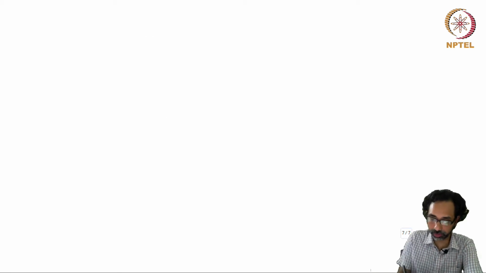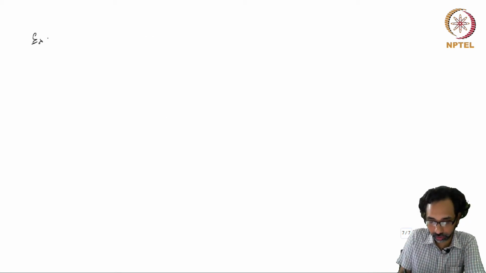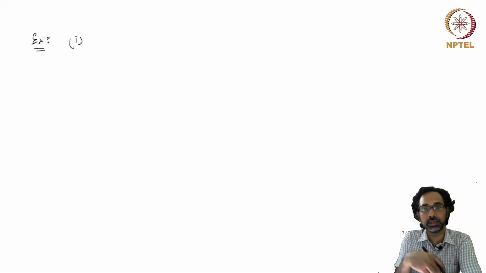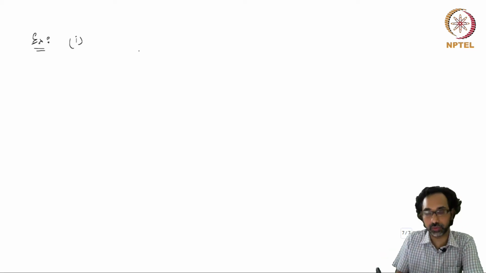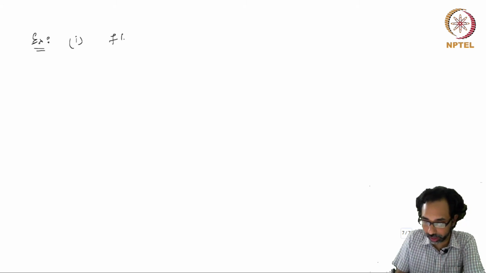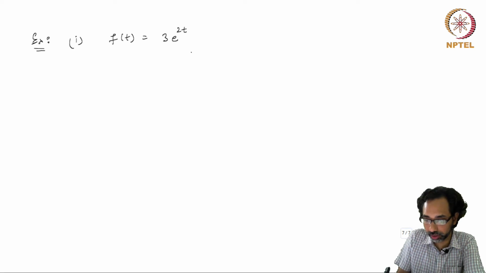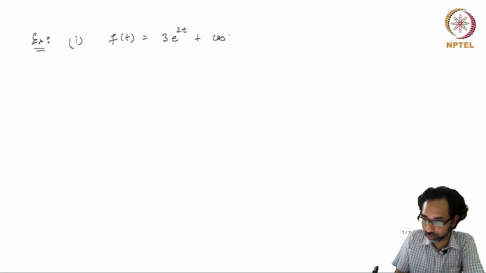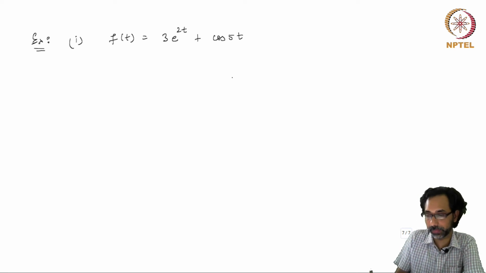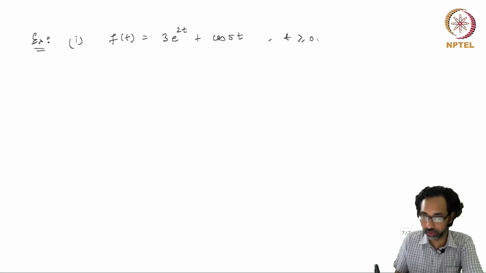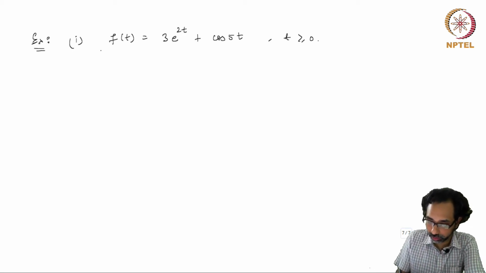Now let's try to compute an example using both linearity as well as change of scale formula. So let me write f of t is 3 exponential 2t plus cos 5t for t greater than or equal to 0.